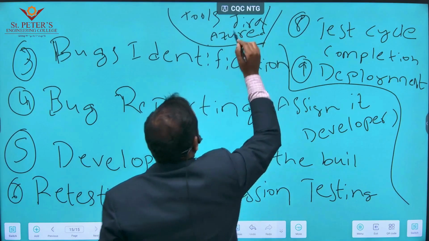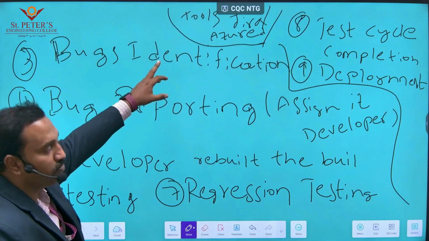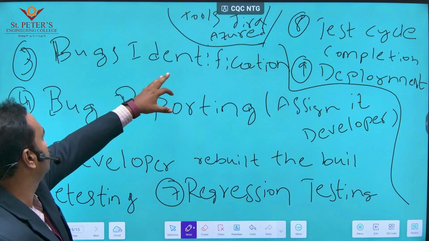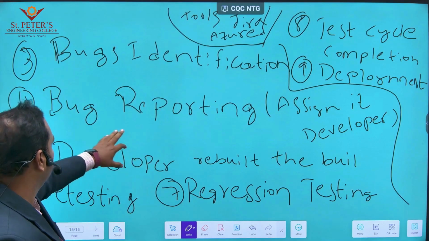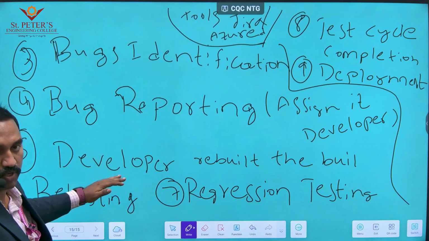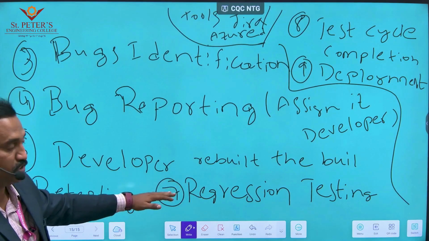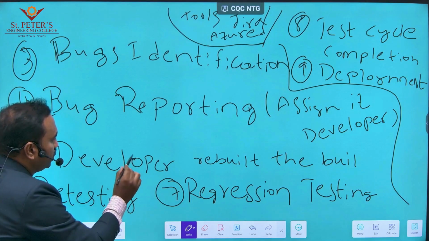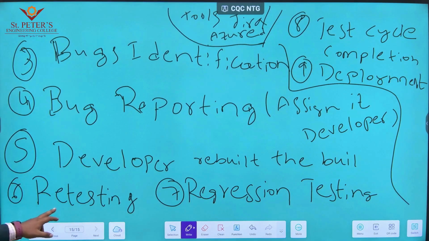In these tools you assign the bugs. After assigning the bugs, the developer will fix the application, and after the same application is developed again, you retest.